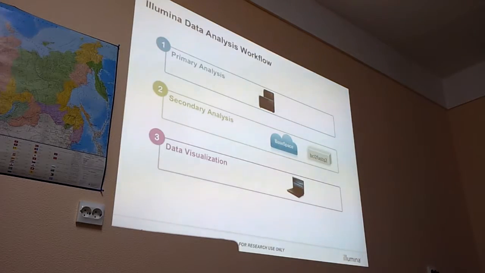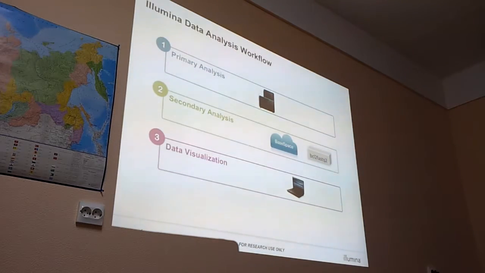This software you can just download from our website, but you need to install it on a Linux system. So that's the alternative. Of course you have BaseSpace OnSite, so you should do it this way.